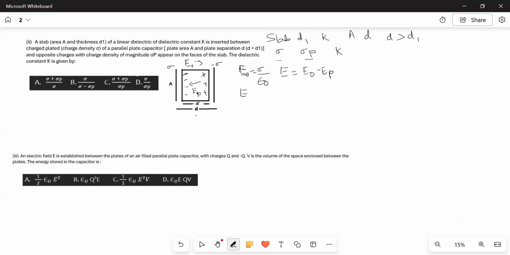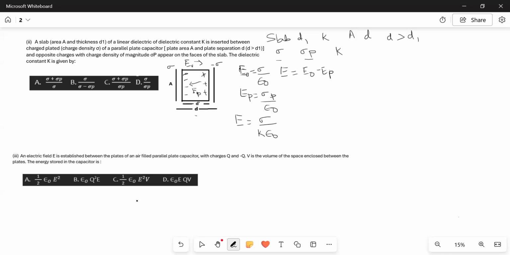EP, the electric field inside the slab, will be given by sigma P by epsilon naught, and E, the electric field due to the insertion of the dielectric slab, will be given by sigma by K epsilon naught, where K is the dielectric constant of the dielectric slab.